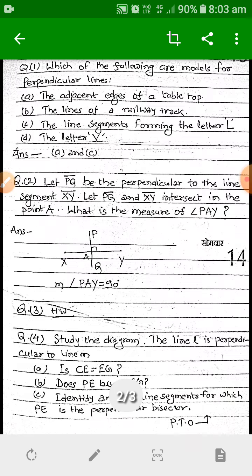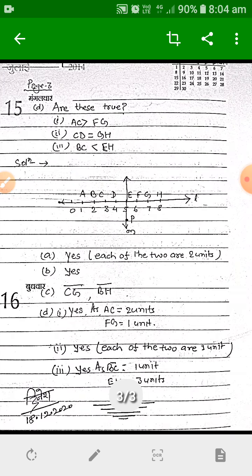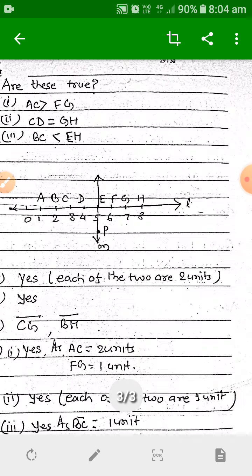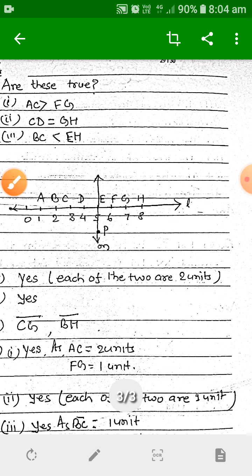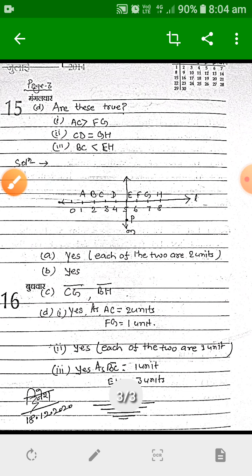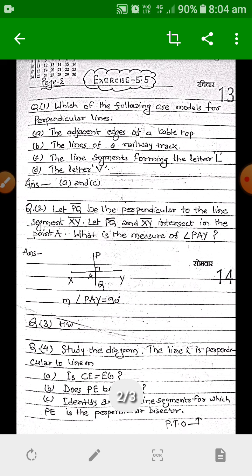Now question number 4. Study the diagram. The line L is perpendicular to the line M. This is the diagram in which line L is perpendicular to line M. Now read question number 1. Is CE equal to EG?